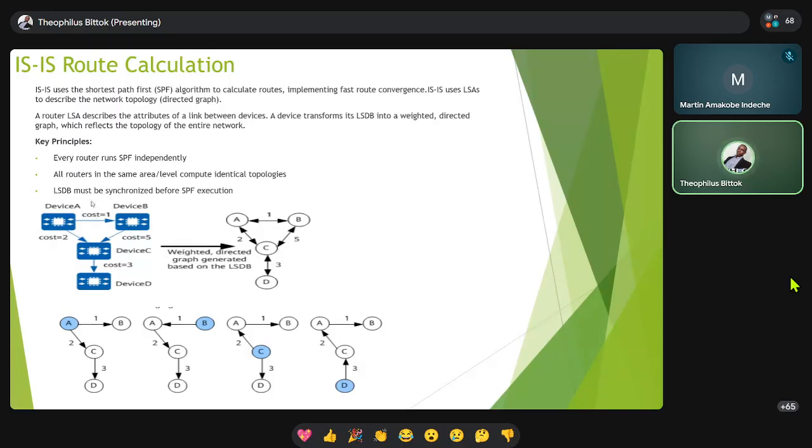On the interface level, you can enable ISIS auto cost. So auto cost works this way. Let's say the link between A and B is a 1 gig link, and then the link between A and C is a 10 gig link.